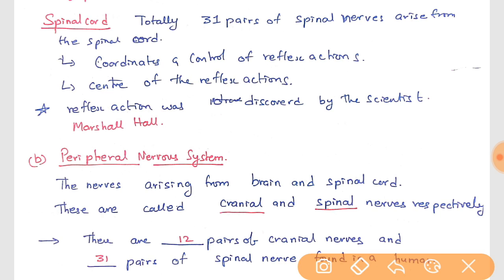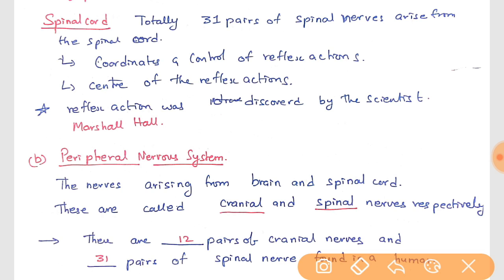See, the peripheral nervous system: the nerves arising from the brain and spinal cord are called cranial and spinal nerves respectively. See, friends, this peripheral nervous system starts where the central nervous system ends, friends.